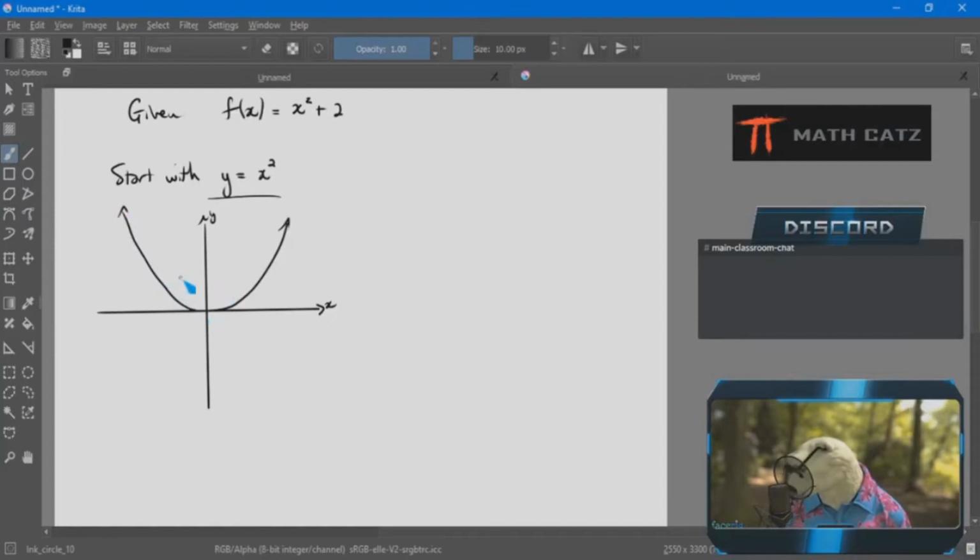Oh, it's not bad. I'm going to take it. I like to draw my parabolas a little wider than they actually are. It just makes it easier to draw. And the scale on the x and y axes don't have to be the same. I then go and change the function by adding 2 to the right-hand side. That has a resulting change in the graph.